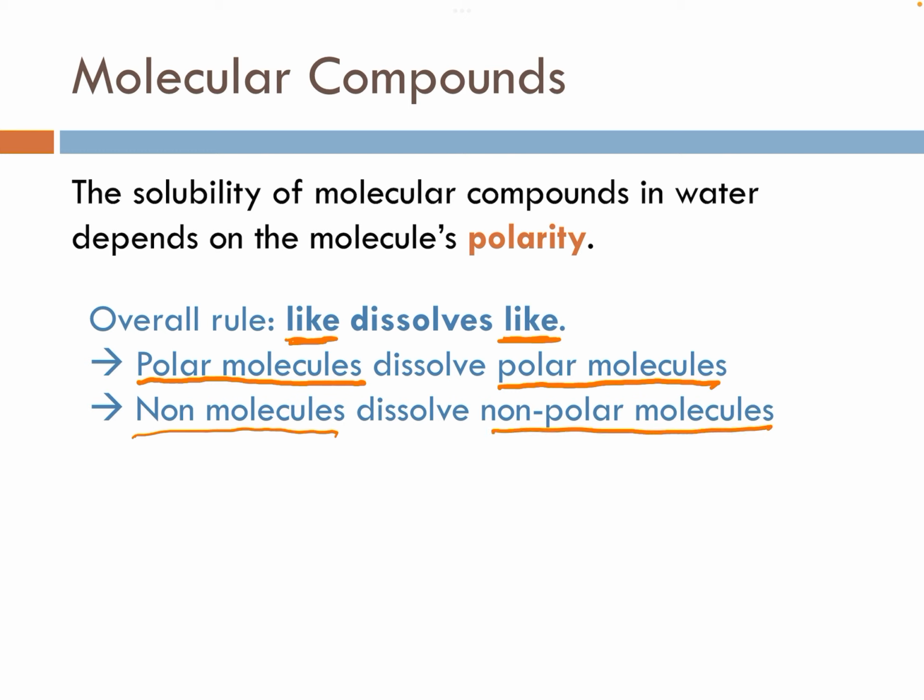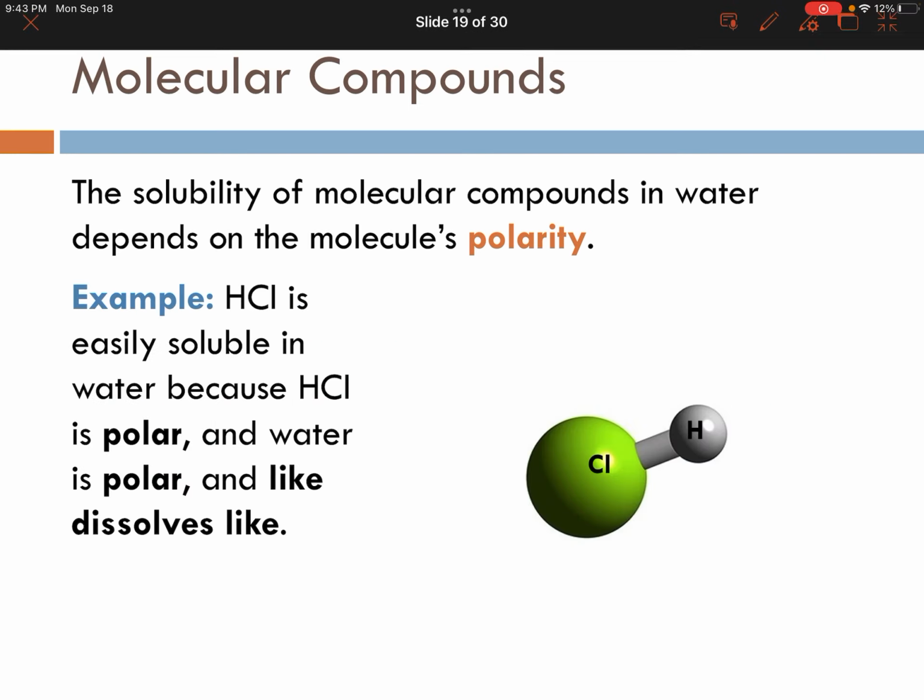So water will dissolve any kind of a polar molecular compound. And a non-polar molecule would be like oil. Oil will dissolve any non-polar molecular compounds. So if you want to know what will dissolve in water versus what will dissolve in oil, you have to look at the polarity of your molecule. Polar ones dissolve in water, non-polar ones will dissolve in oil.